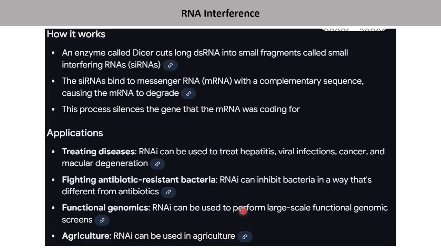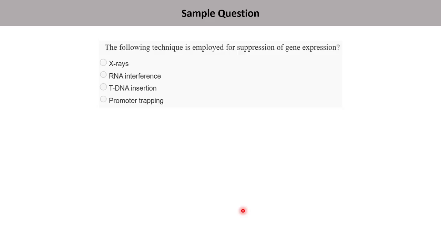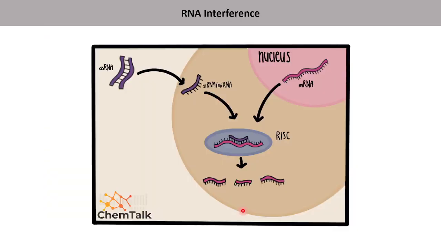So with this information, coming back to our question, the following technique for suppression of gene expression will be RNA interference. That is the only technique out of four which suppresses the expression by degrading the mRNA in the cell. So I hope this is clear about RNA interference, and we'll move ahead to our next question.